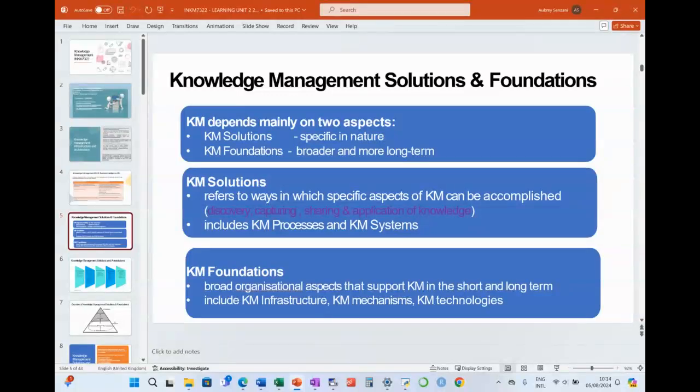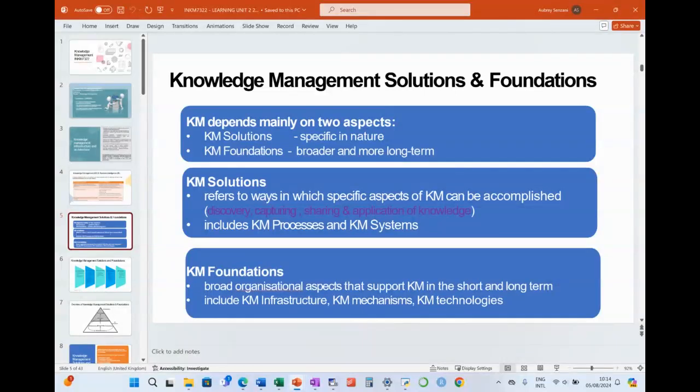Okay. Then here they're saying knowledge management depends mainly on two aspects. And this is what we're looking at today: knowledge management solutions and then knowledge management foundations. All right. So solutions are obviously of a specific nature. Whereas foundations, you'll see it's us setting up our knowledge management program or agenda, but I think it's nicely explained through the image that we'll see two slides down.